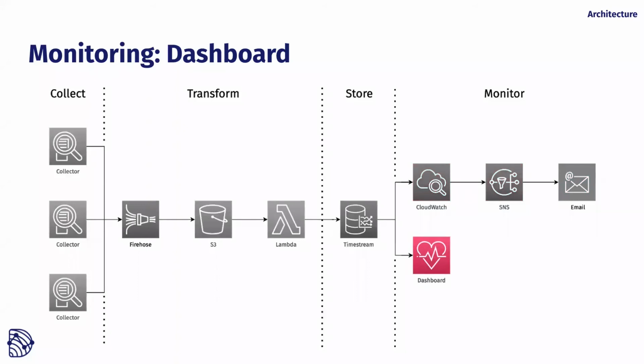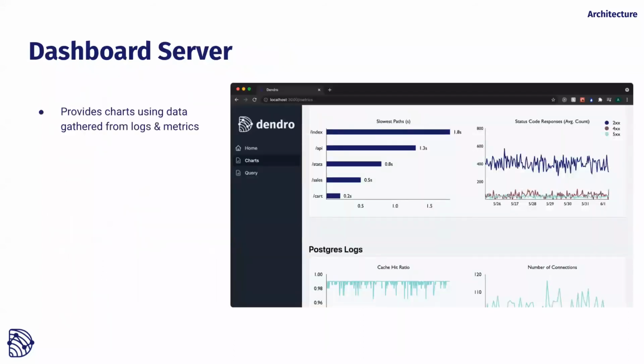Finally, we arrive at our custom-built data exploration and dashboarding server. We've provided a dashboard to help visualize and query your data in near real time as it's being produced. This dashboard is available for view on any machine in your distributed system that has Dendro installed. We've created charts that allow our users to detect anomalies and see trends, and create forecasts visually.